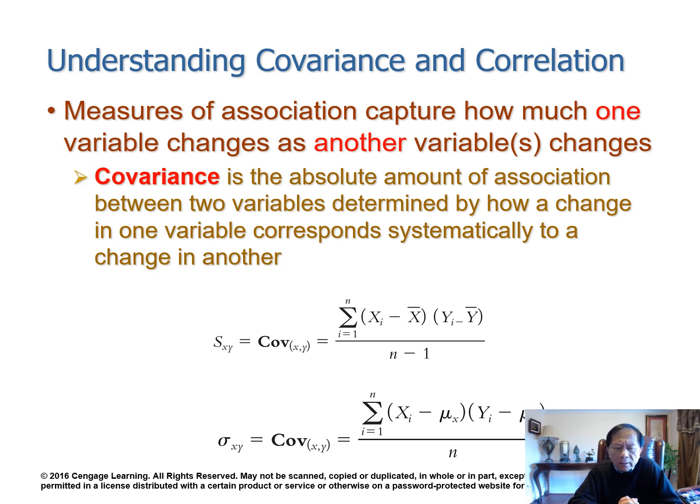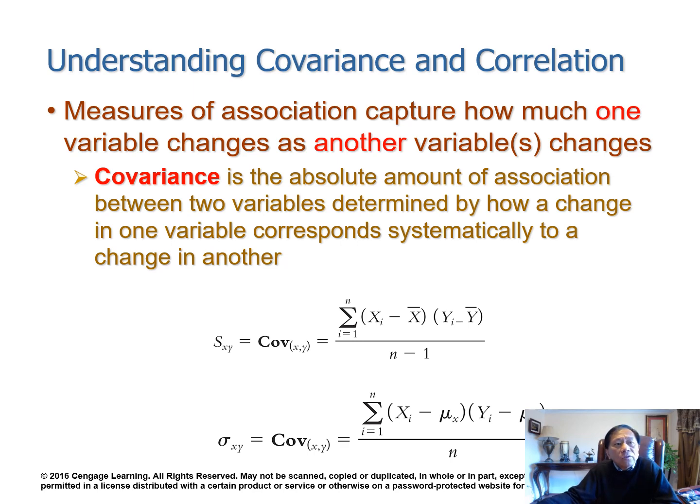So we have covariance between x and y equals the sum from 1 to n of (xi minus x bar) times (yi minus y bar), divided by n minus 1. And that's covariance.